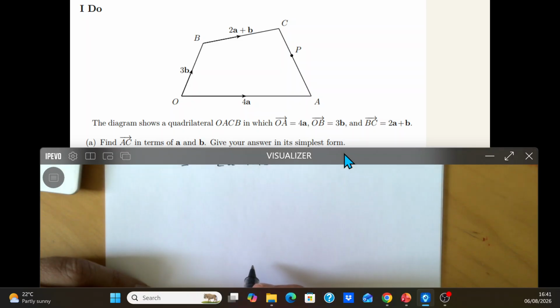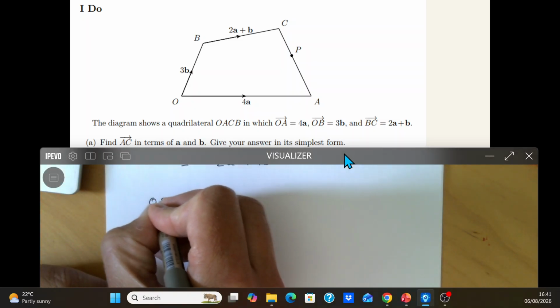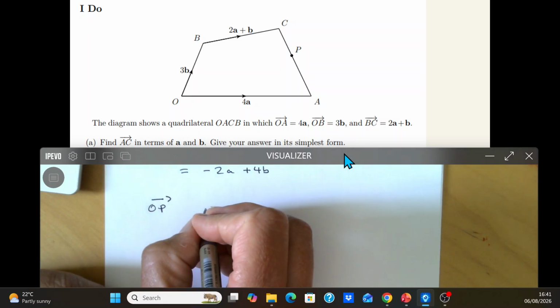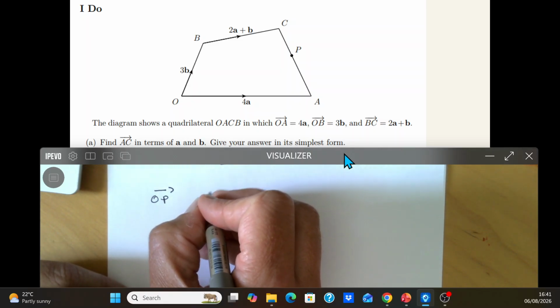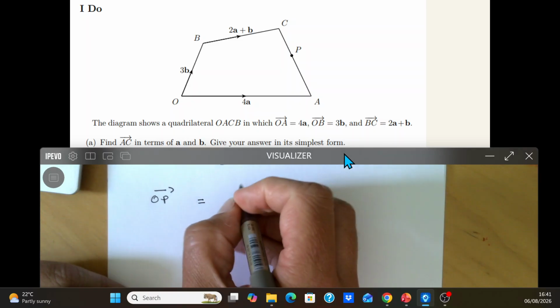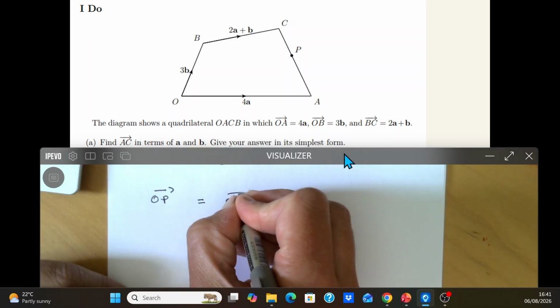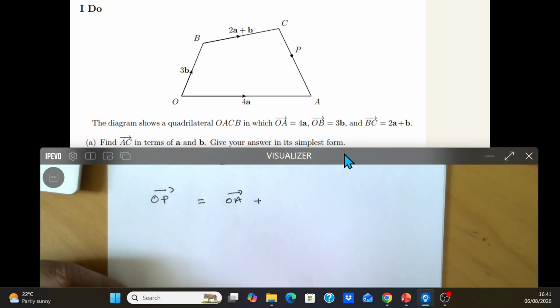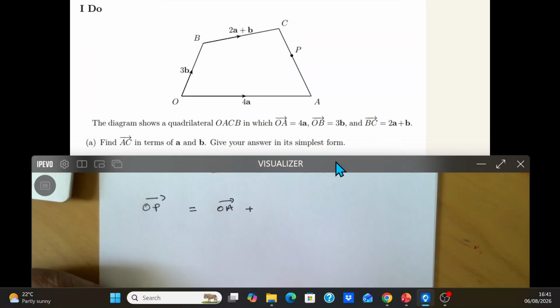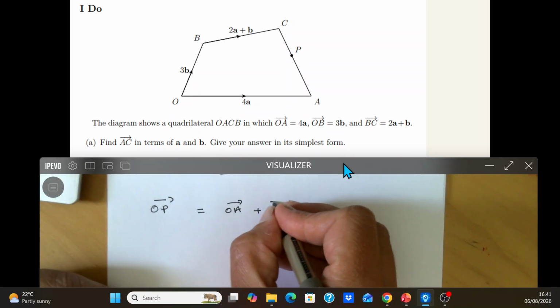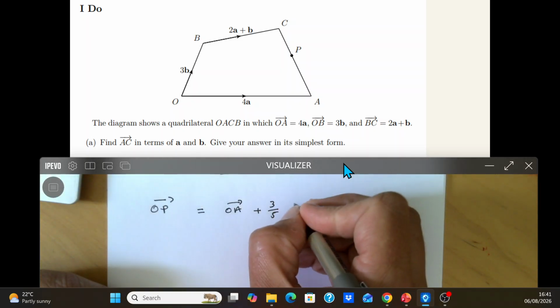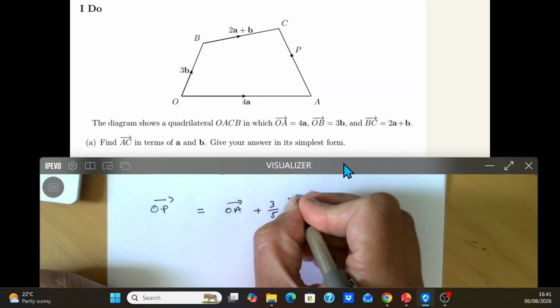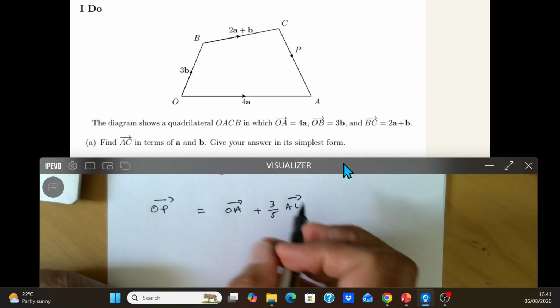So first thing is OP. If I'm going from O to P, that is the same as going OA plus, we're told in the question, 3/5 of our AC, which was what we worked out earlier.